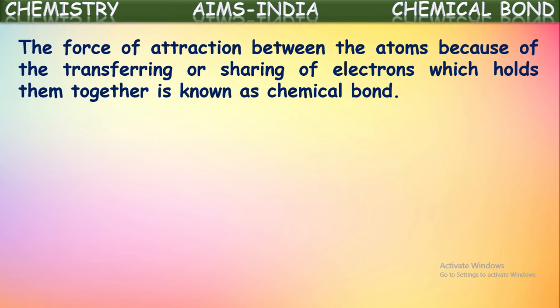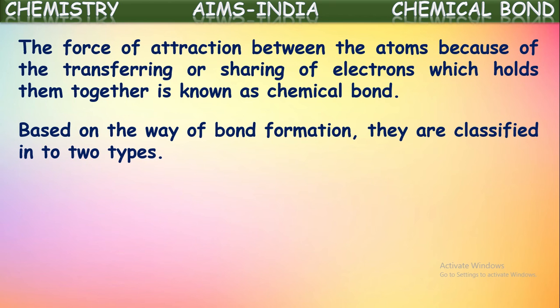By this process, either by losing or gaining or sharing electrons between the atoms, certain forces of attraction are created. These forces of attraction between the atoms because of transferring or sharing of electrons are called chemical bond. Got it?